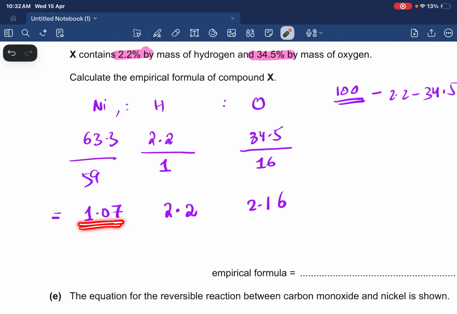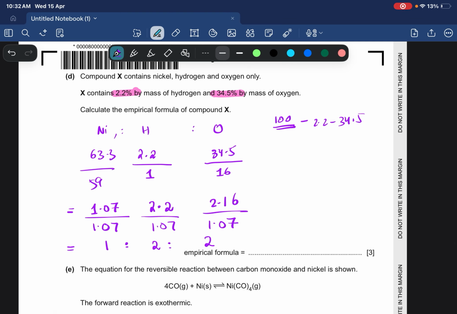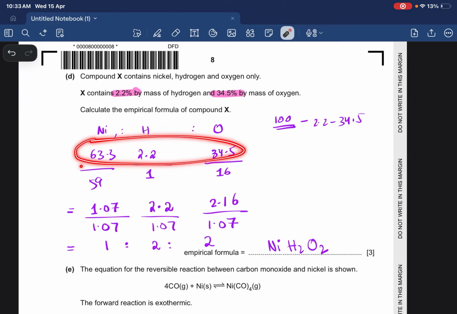This is the smallest mole. So I divide all of them by 1.07. What do I get? I get 1:2:2. That means I have 1 nickel, 2 hydrogens and 2 oxygens in my empirical formula. So it is Ni(OH)2.